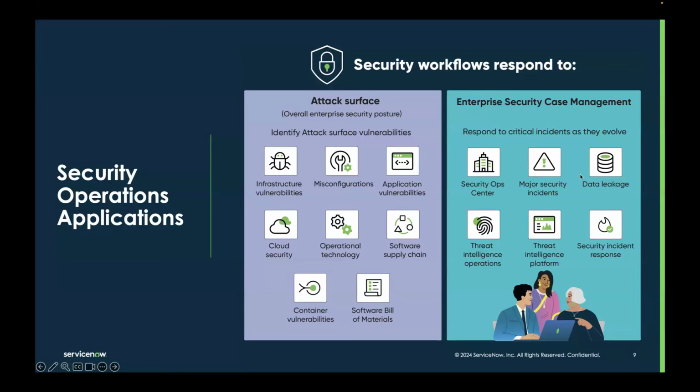And on the right-hand side, you can see the enterprise security case management systems, where you have the ability to move quickly and respond to security incidents. And you may want to check with your account teams to ensure what it is that you are actually looking for.